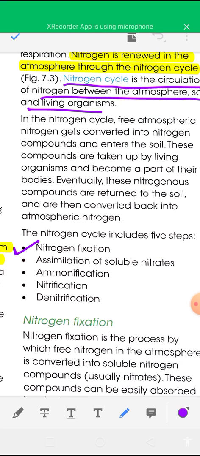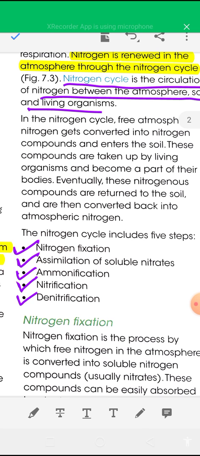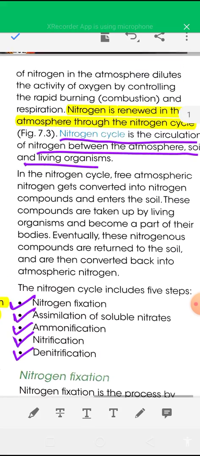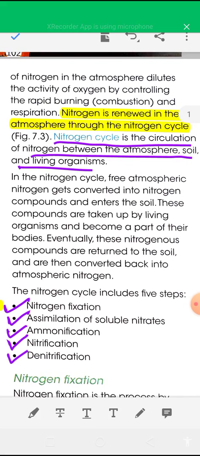First step of the nitrogen cycle is nitrogen fixation. Second is assimilation of soluble nitrates. Third step is ammonification, fourth step is nitrification, and fifth is denitrification. These are the total 5 steps of the nitrogen cycle.